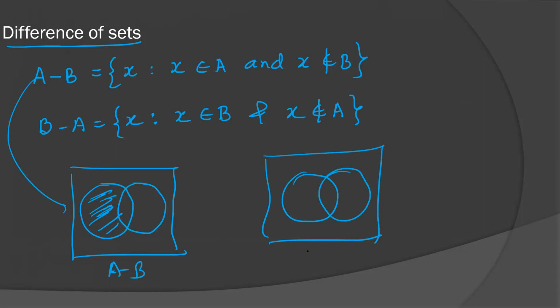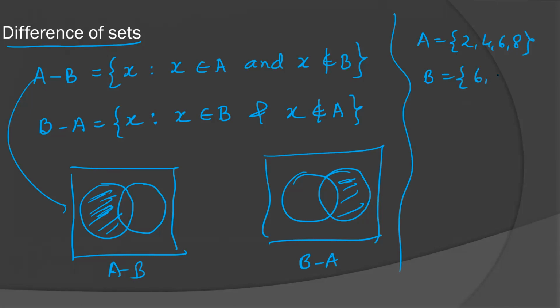If you take B minus A, X belonging to B but not A. So this will be the definition of difference of sets. Let's see one example. Set A is 2, 4, 6, 8. B is 6, 8, 10. Then A minus B will be the elements belonging to A, not in B.